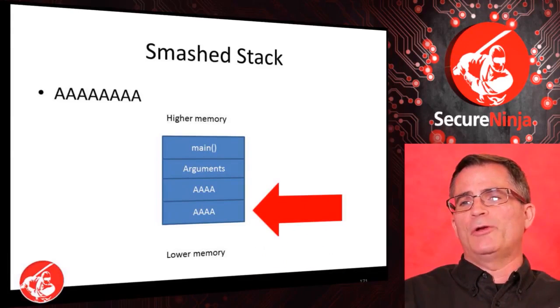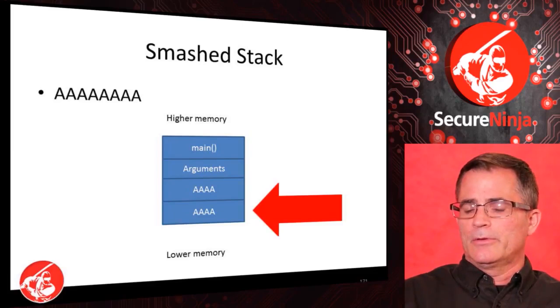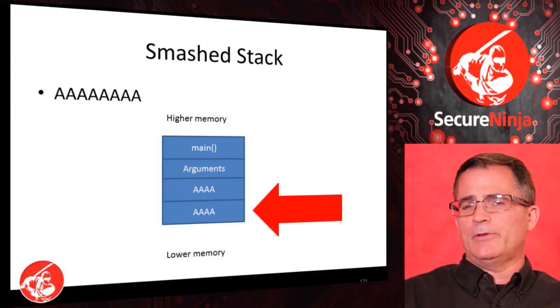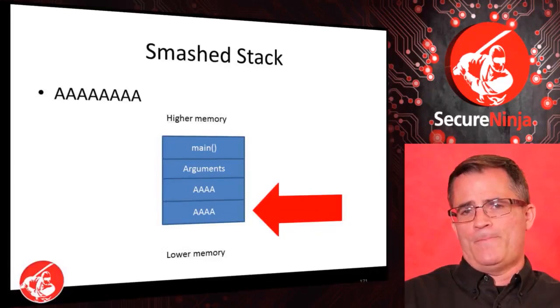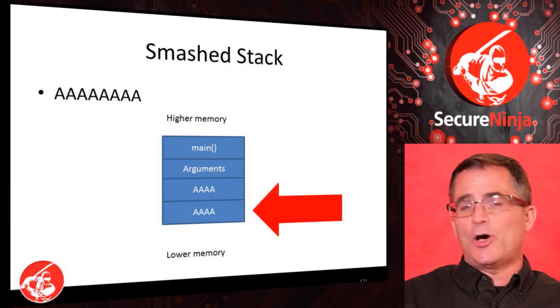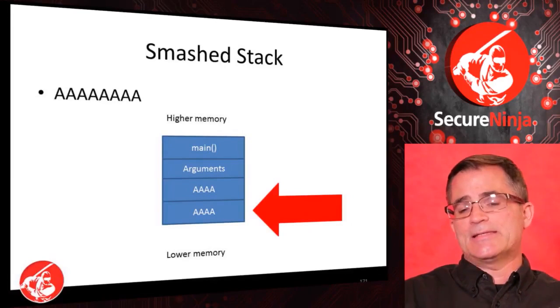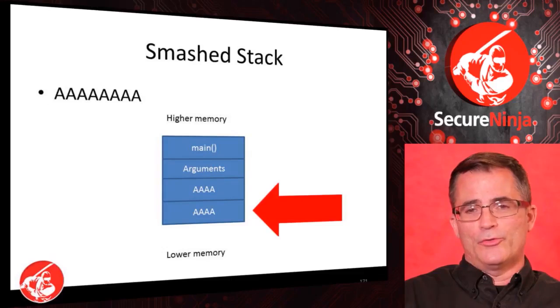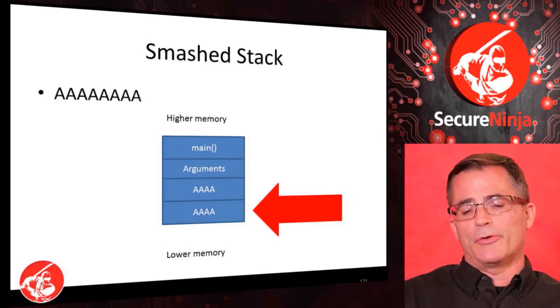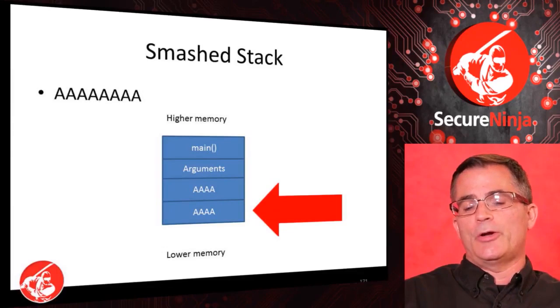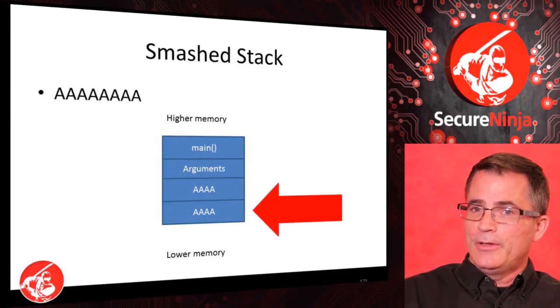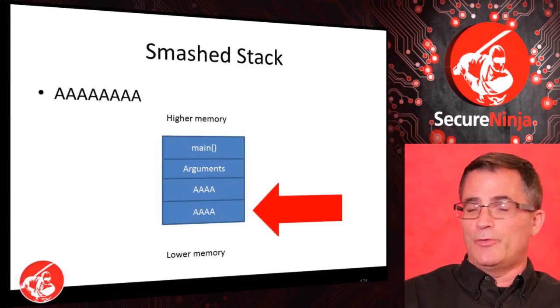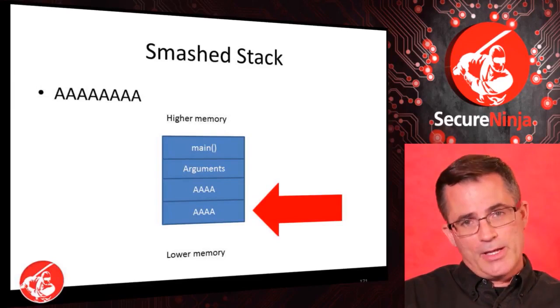Now, overflow's been written with 4 A's. So now when you think about it, what happened to the return address for overflow? It's gone. This is called a smashed stack. Where this red arrow references is called the instruction pointer. This instruction pointer points to an area in memory that should have the return address to our function, but what does it have? 4 A's.